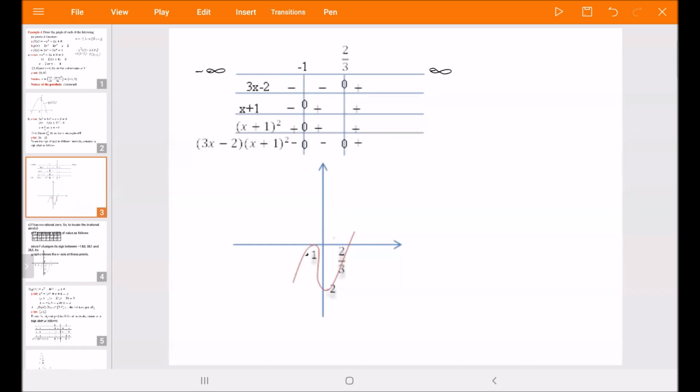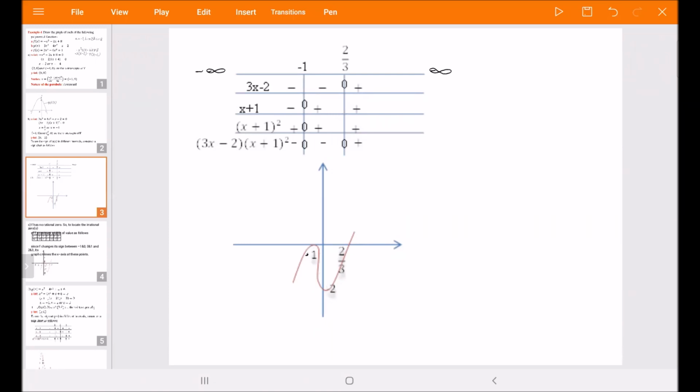Then between -1 and 2 over 3, still the sign of p of x is negative, means its graph lays below the x-axis. So it turns back, but while turning back and becoming negative, you shouldn't forget that the graph of p of x crosses the y-axis at -2.